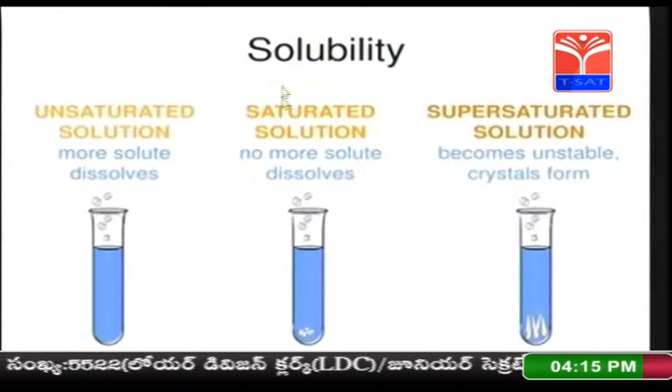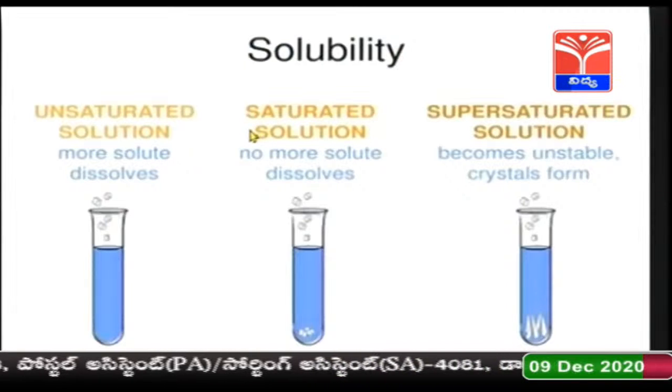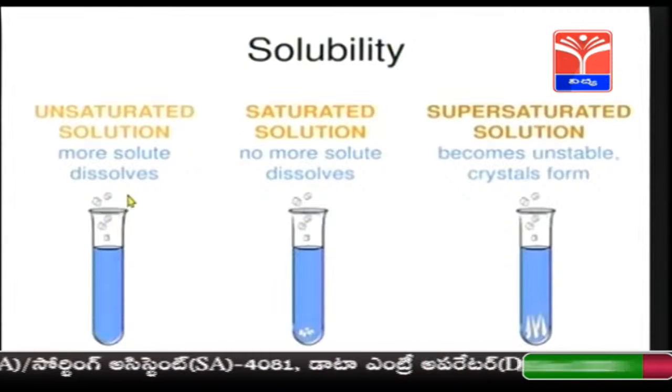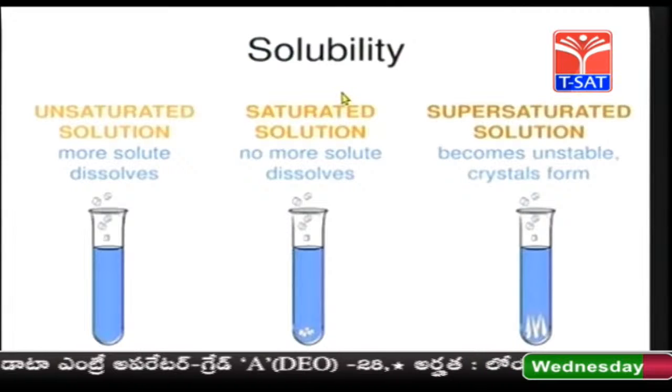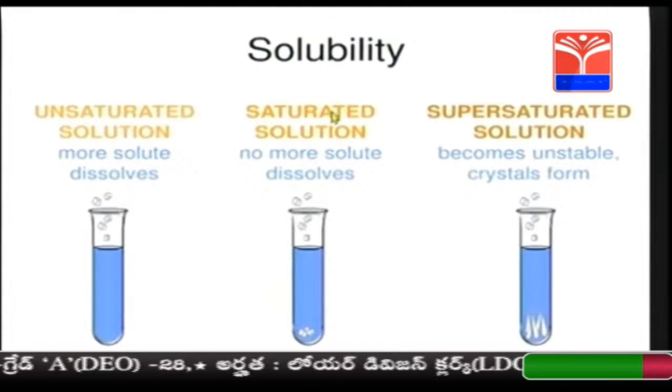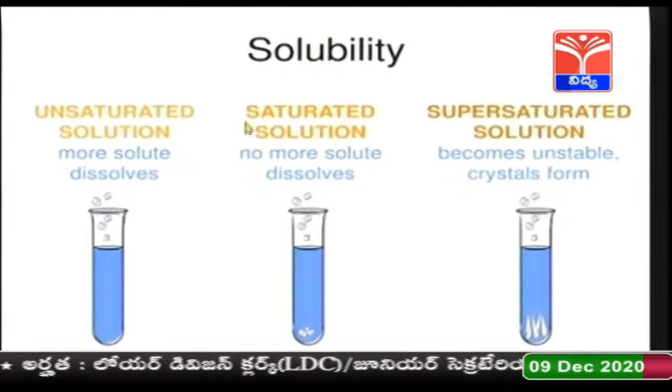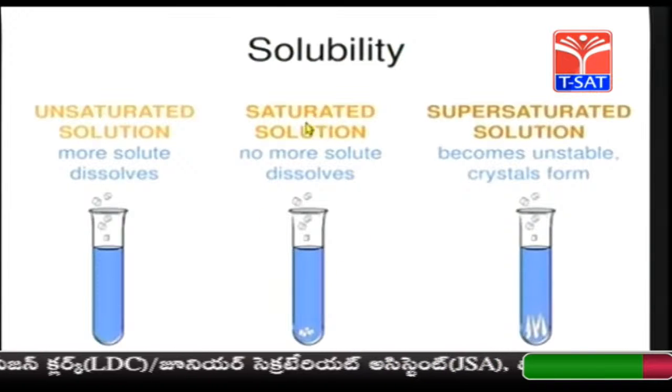Children, based upon the solubility, we can differentiate solutions into 3 types: unsaturated, saturated and supersaturated. What does saturated mean? We know that solubility is the amount of solute present in the saturated solution. A saturated solution has a sufficient amount of solute particles in it.